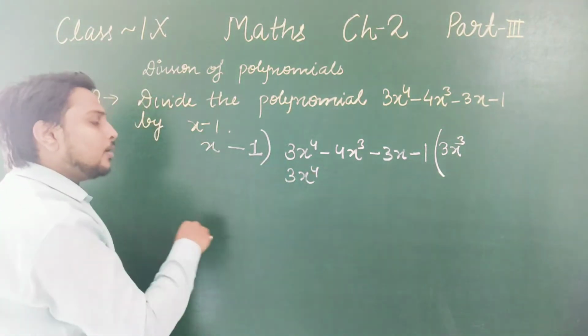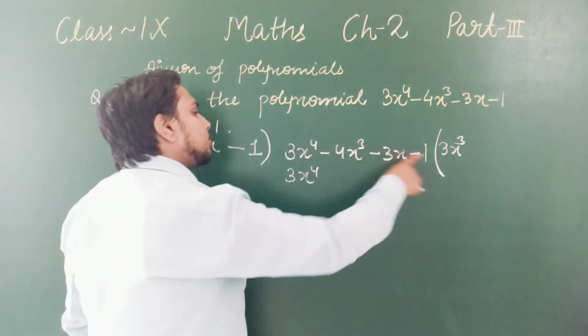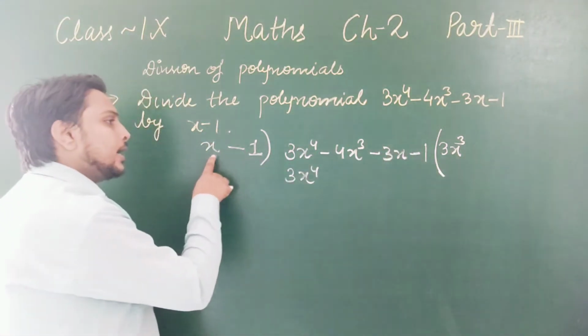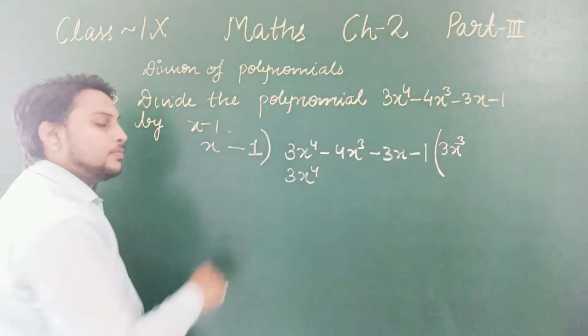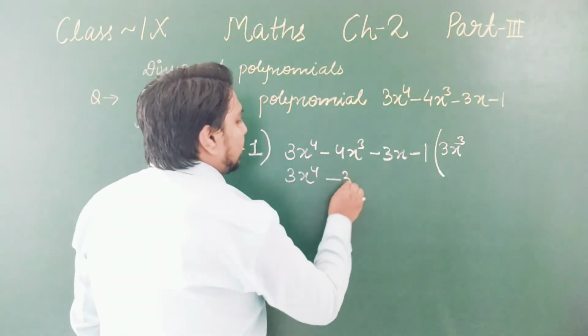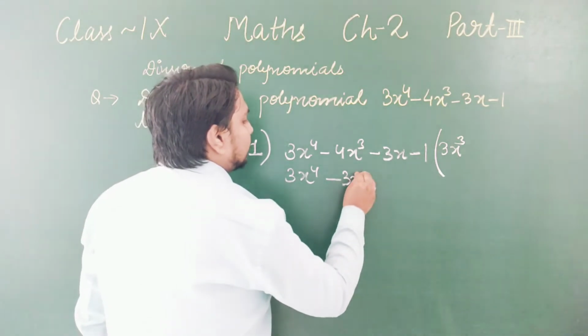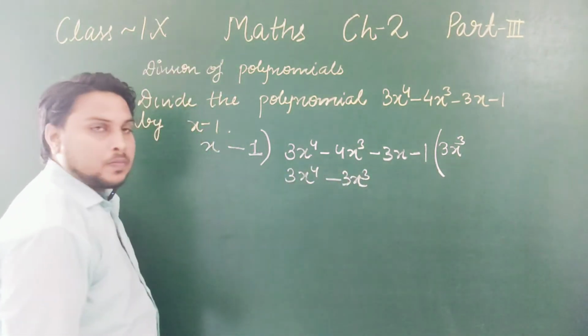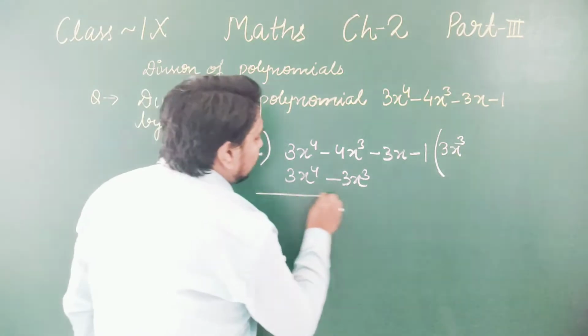In the same manner, if we have multiplied 3x cube in x, then we will multiply 3x cube in minus 1 also. Then here it will be minus 3x cube.